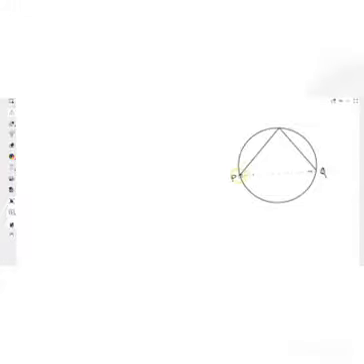Now this chord subtends an angle, say A on one segment and one more on the other side. See, it can be anywhere. It doesn't matter where it is.